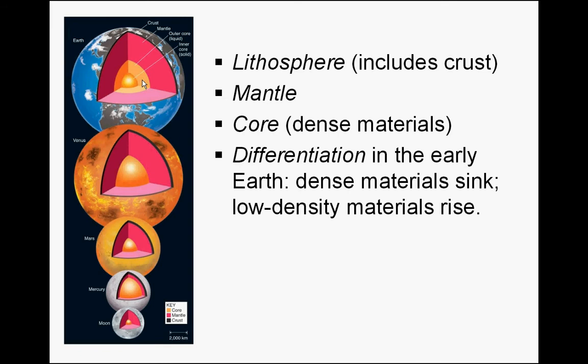Surrounding this heavy iron, in the case of Earth, is a mantle, and the core is made of liquid iron. In the case of Venus, apparently it is just one core.